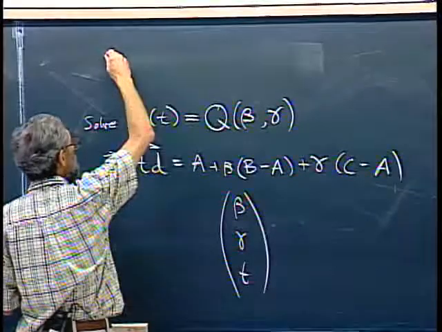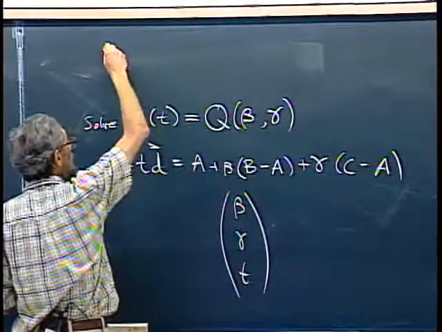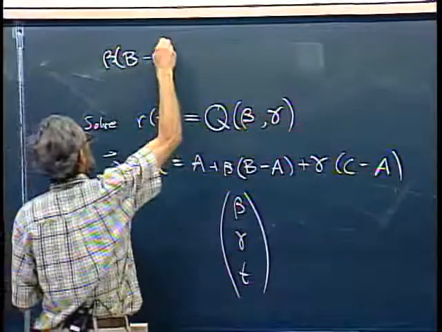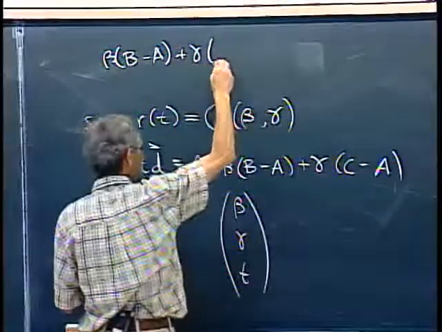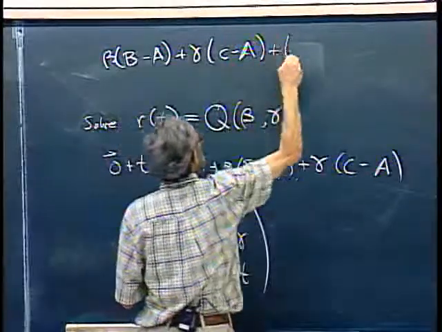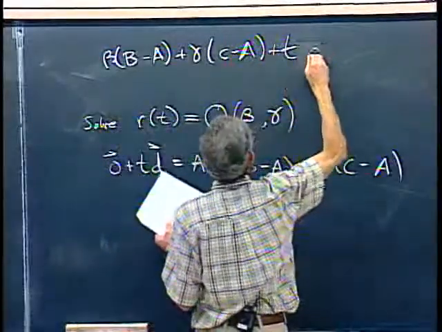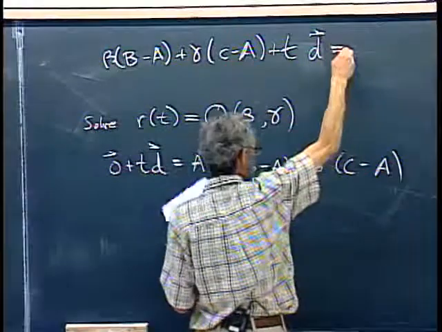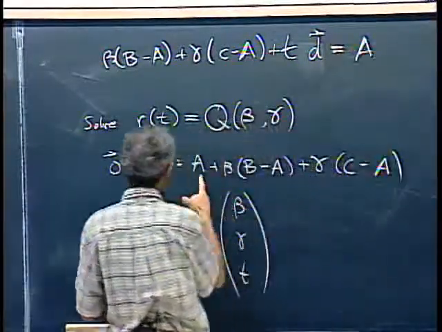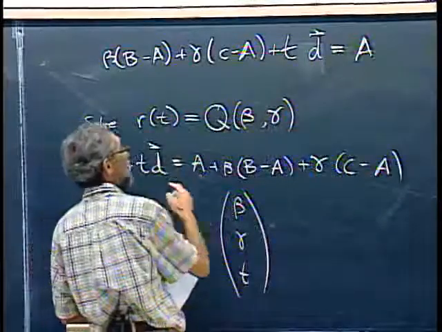So that means I have beta times B minus A plus gamma times C minus A plus T times the vector D equals, my right-hand side has an A right now, and I'll put a minus O here.